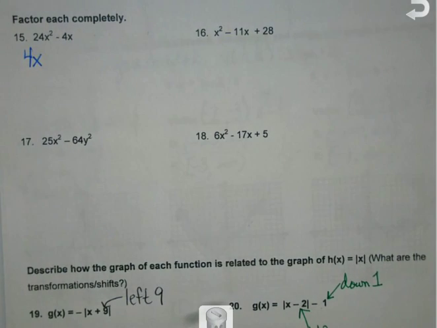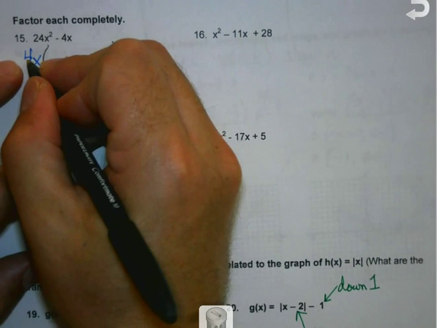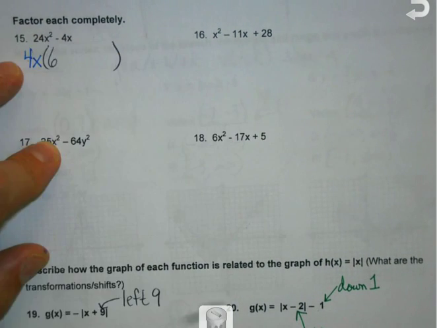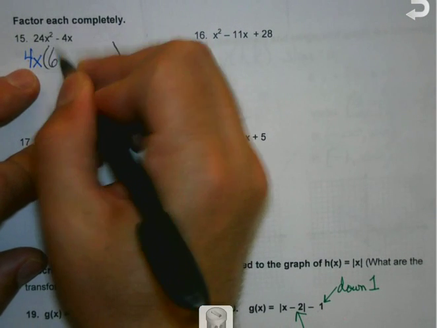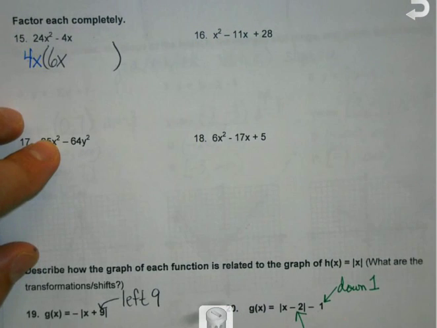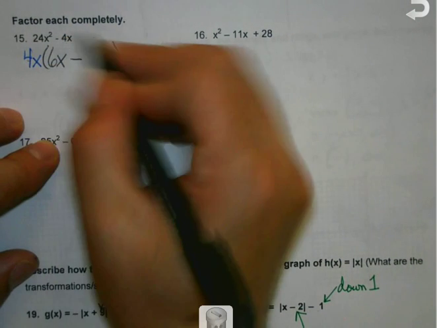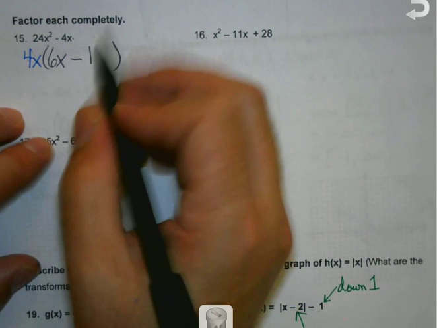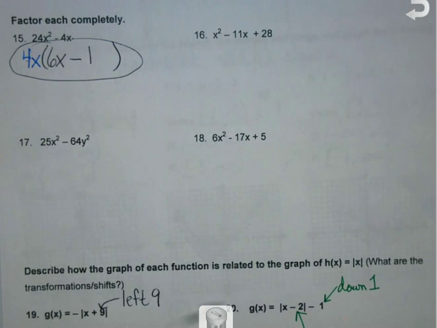So once I take out the 4 and the x, 4 times what to get 24? 6. I'm getting ahead of myself. x times what to get x squared? There's the x I was looking for. Get my minus 4 times 4 would be 1, and I already have my x. That's as far as this one goes, and that happens sometimes.